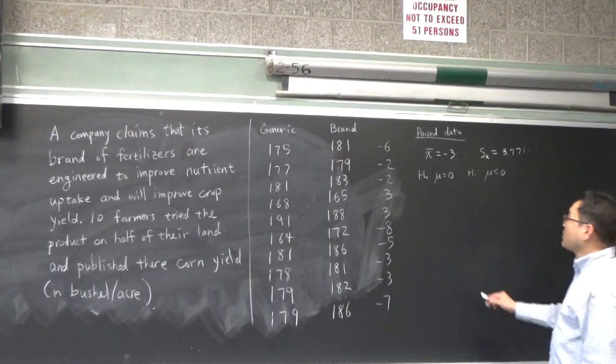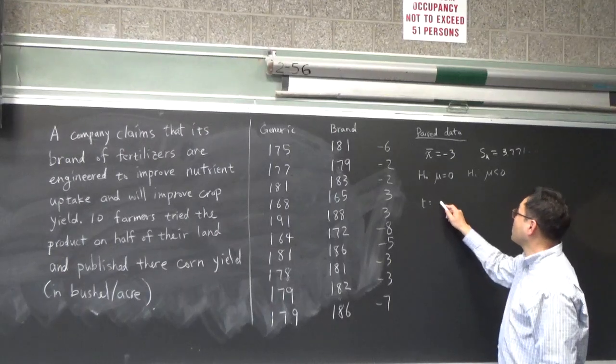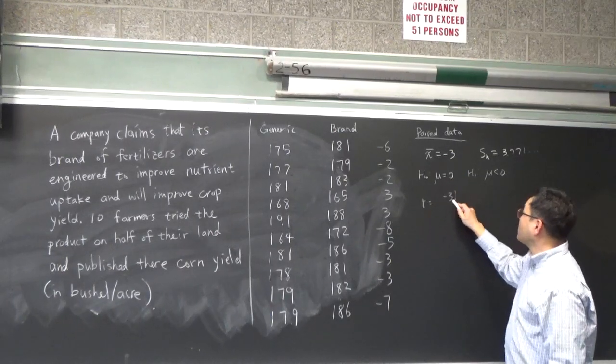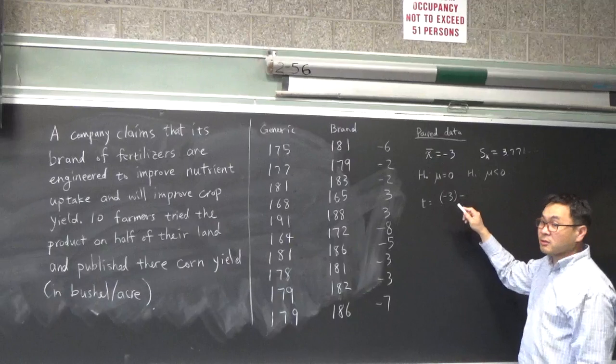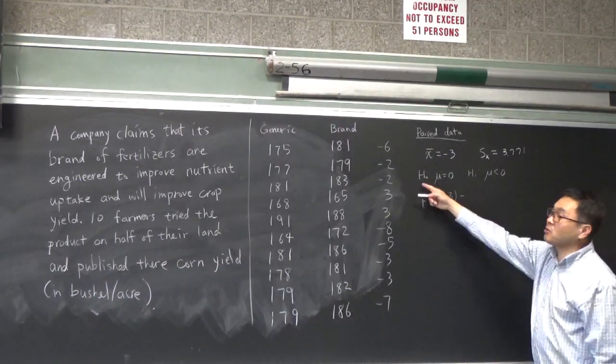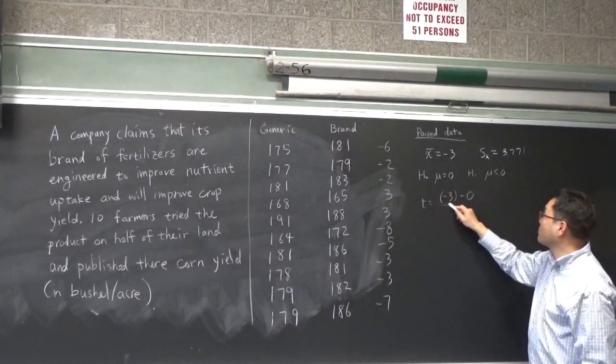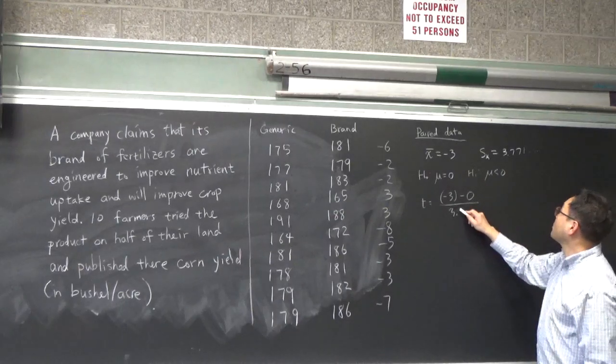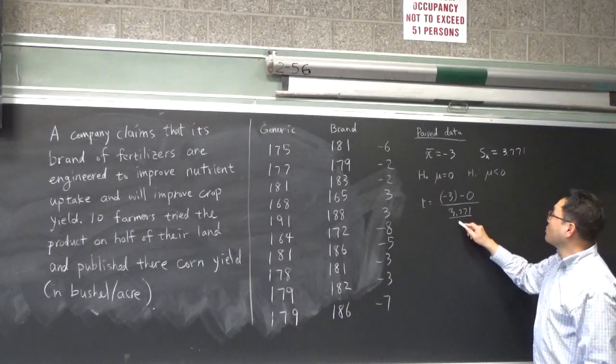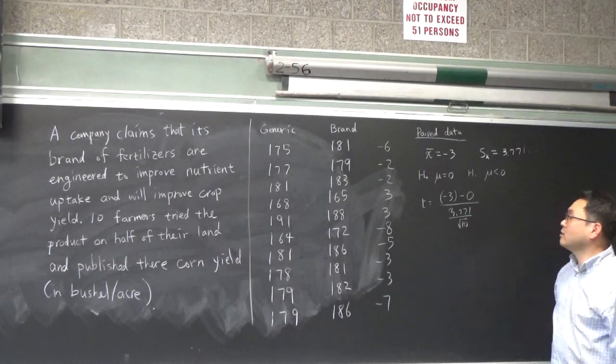So your test statistic will be t equals your -3 from the sample. Your purported average under the null hypothesis is 0. You divide it by 3.771 over square root of 10.